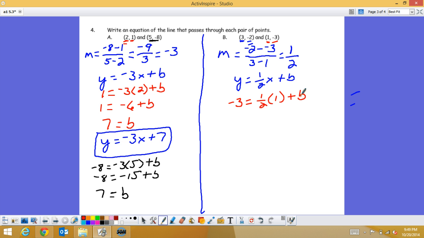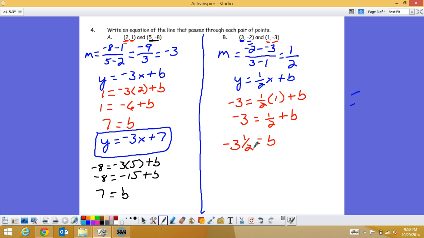So then when I solve for b, the first thing I do is multiply the 1/2 times 1. And then, to solve for b, I'm going to subtract 1/2. So the b, or the y-intercept, is -3.5.